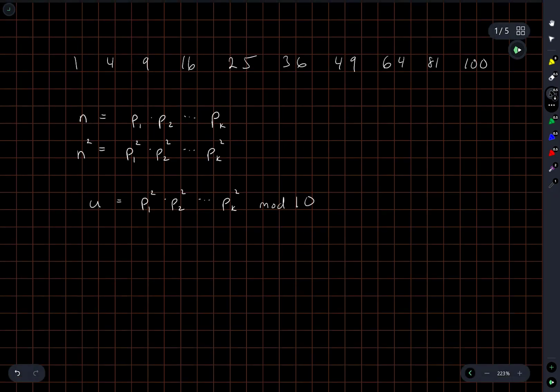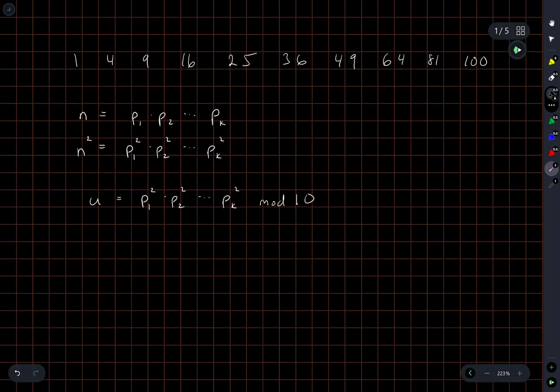In fact, I see now that I finished the question, because I don't want to worry about 100. Instead, I'll think of that as 0. I've written out here all the numbers from 0 to 9 squared.